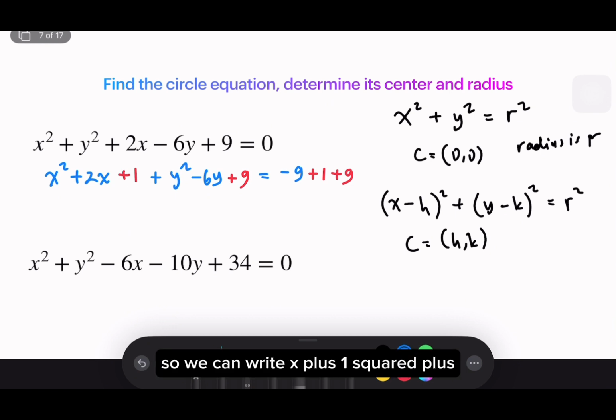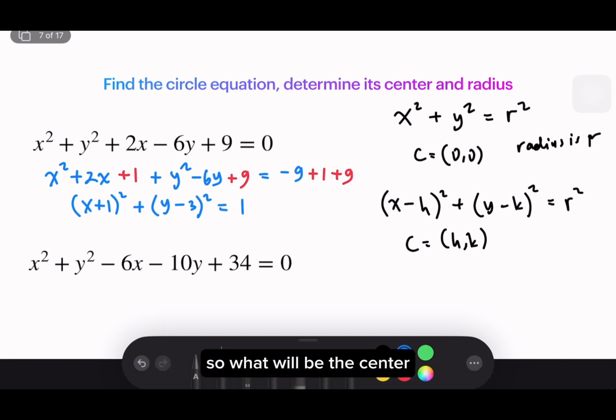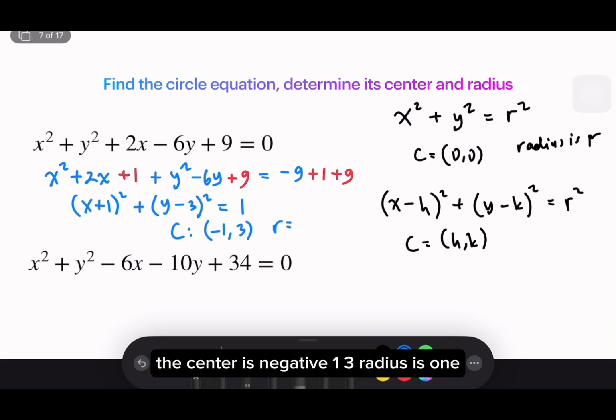So we can write (x plus 1) squared plus (y minus 3) squared equals 1. So what will be the center? The center is (-1, 3), radius is 1.